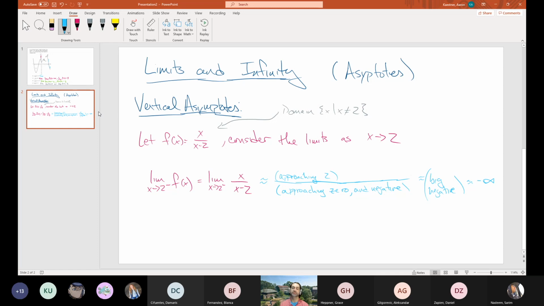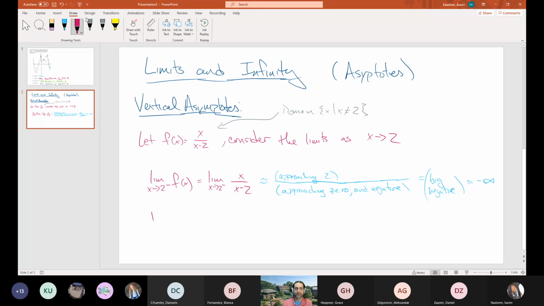Because that number can get as big as we want. I can make it as big and negative as I want just by getting this closer and closer to 2. As that difference gets smaller, when I divide by it, it's going to get bigger and bigger and bigger, and it goes off to infinity.